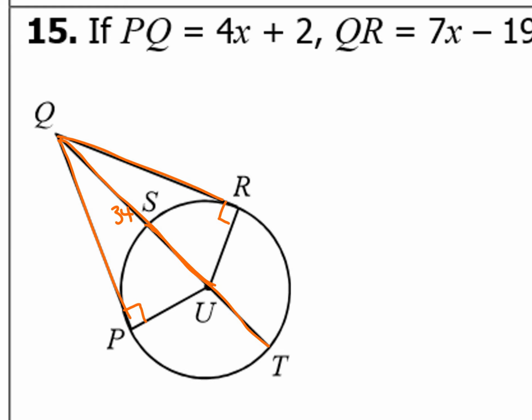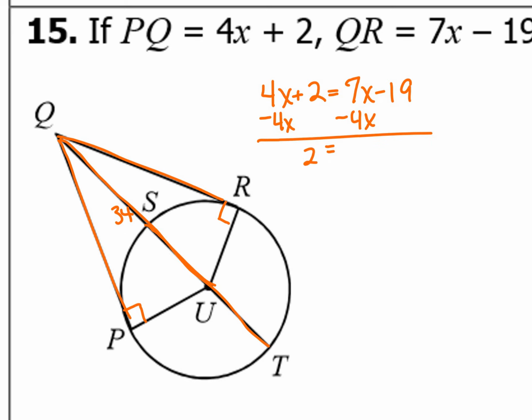So we can start by finding the length of the sides of these triangles. So we can say that 4x plus 2 is equal to 7x minus 19. Okay, so working that out, I'm going to subtract 4x. And that's going to give me 2 equals 3x minus 19.